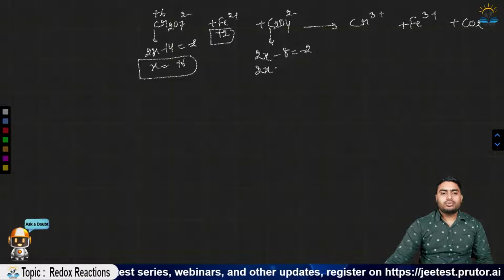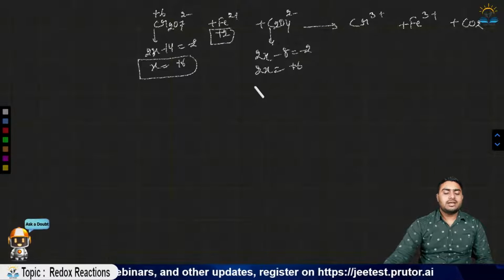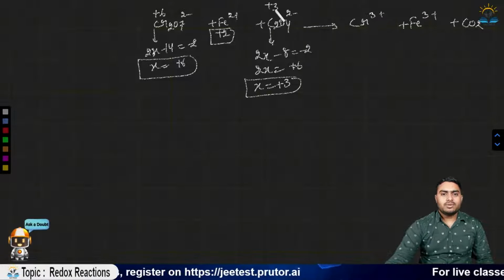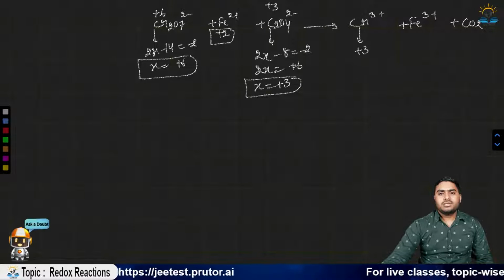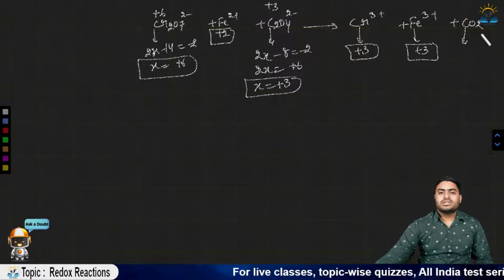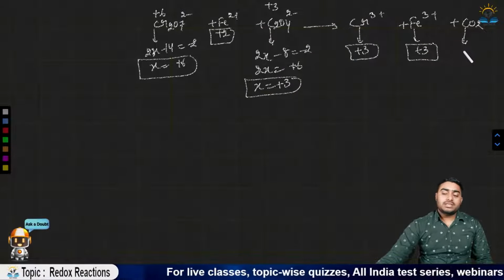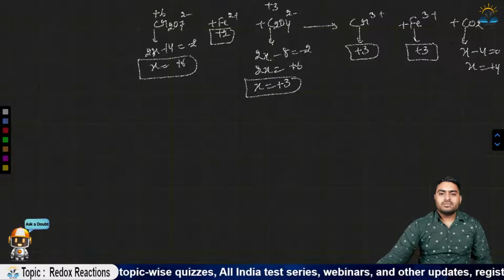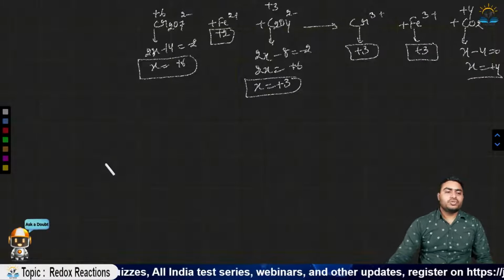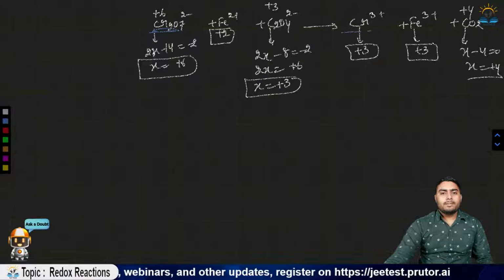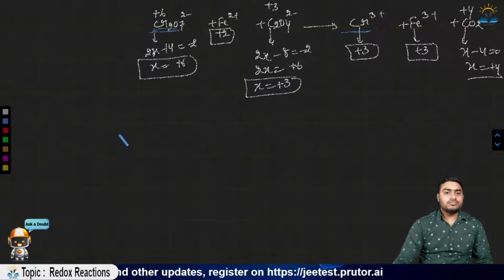It comes out to be 2x equal to plus 6, that means plus 3 for carbon. Then for CO2 it will be plus 4. How? x minus 4 equal to 0, so x will be plus 4. Okay, so what you can observe here: chromium goes from plus 6 to plus 3, definitely it is reduction.